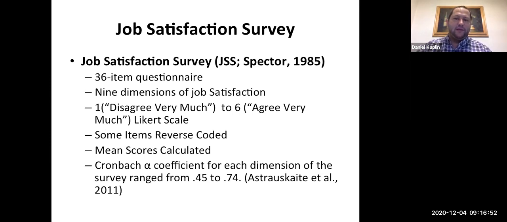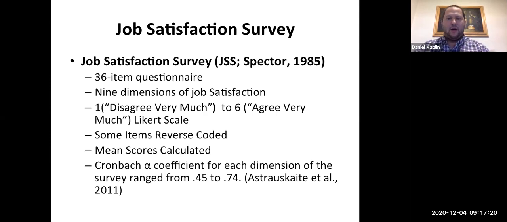What's interesting when we look at this JSS is that if I were presenting on this particular one, I would say Cronbach's alpha coefficient for each dimension range from 0.45 to 0.74. And I would say that indicates for most cases, adequate reliability, but there were certain dimensions that the alpha was low.